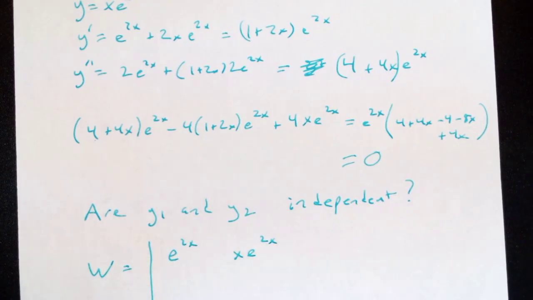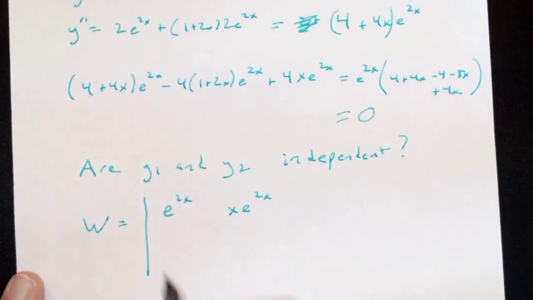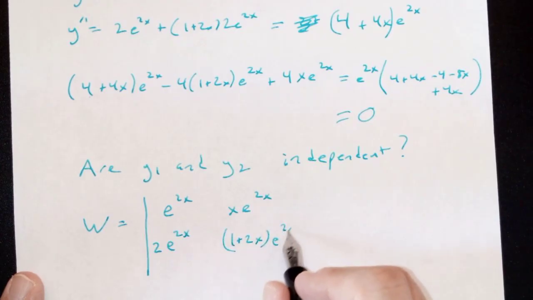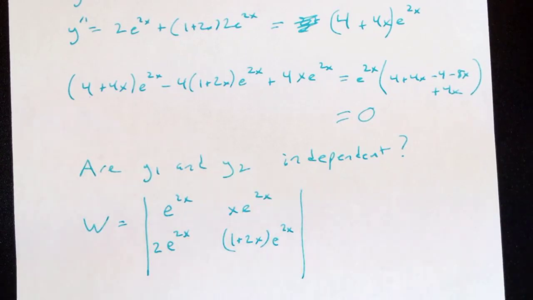I write the equations in the first line. I write their derivatives in the second line. But I already worked out the first derivative of y2 up there. So I have it. I don't have to recalculate it.